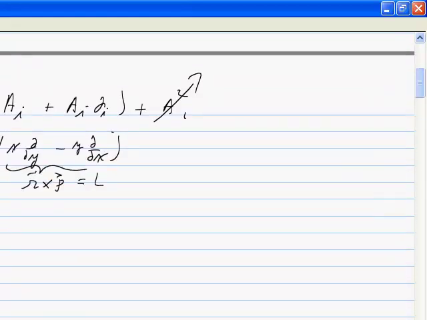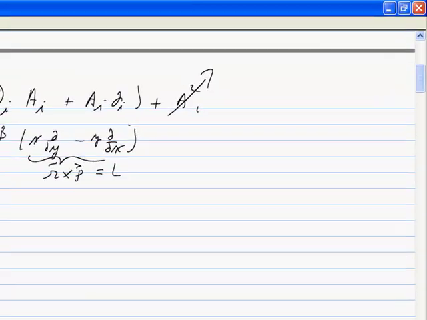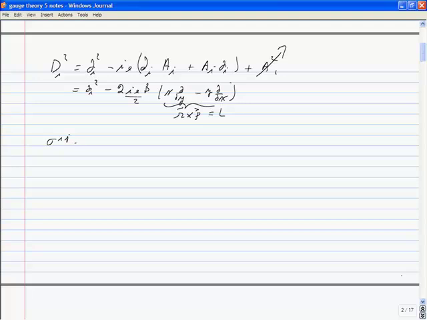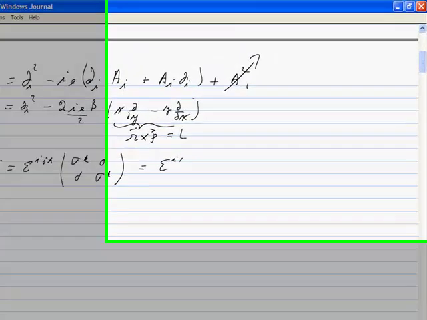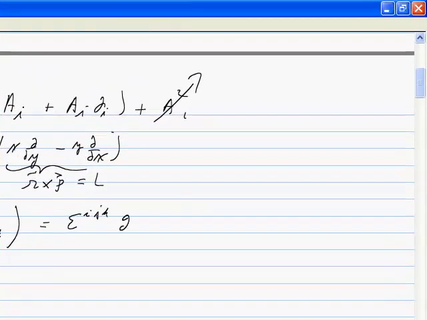Okay, so the more interesting thing for us is the spin part. Sigma_ij is epsilon_ijk sigma_k. We should work out what that is, which is epsilon_ijk times 2S_k.